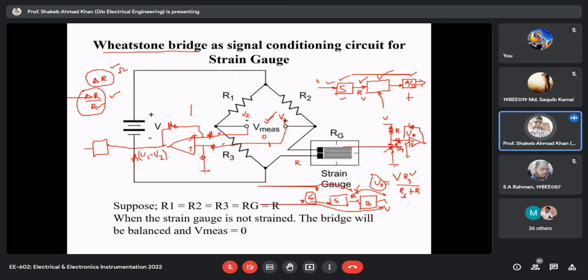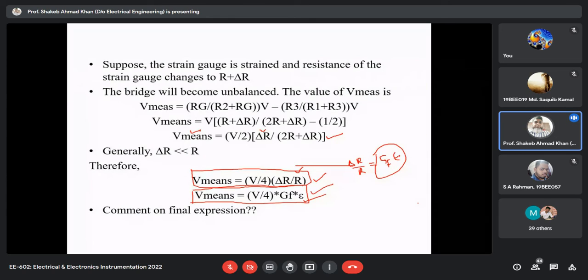Second thing, the variation in output voltage is not linear with the variation in strain gauge resistance, because this equation is not of the y is equal to mx plus c kind, because your R is coming in the denominator also. We always want the final response and the stimulus to have a linear relation. Here in the Wheatstone bridge this is satisfied.